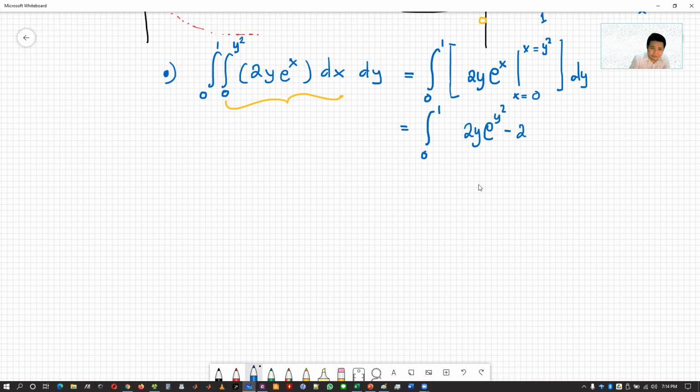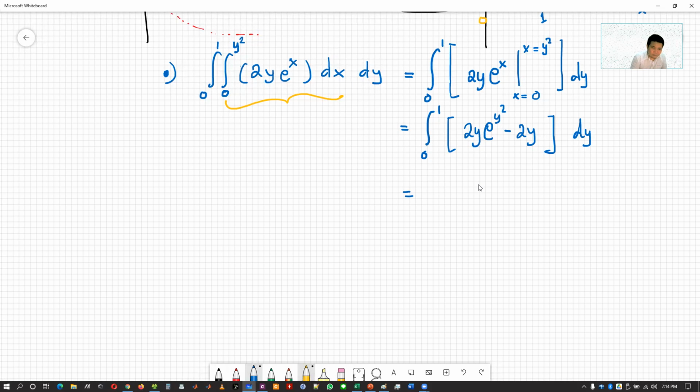And then minus 2y e to the power of 0, which is actually 1. And then this is 2y dy. And then I will simply integrate it with respect to y.